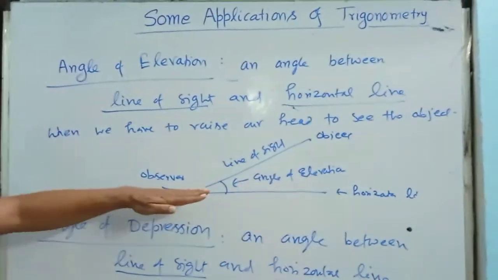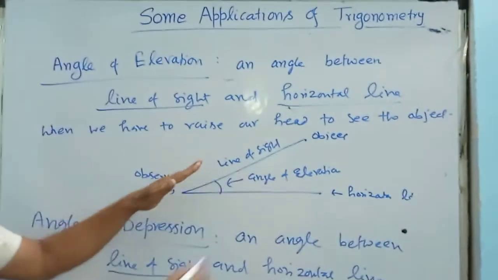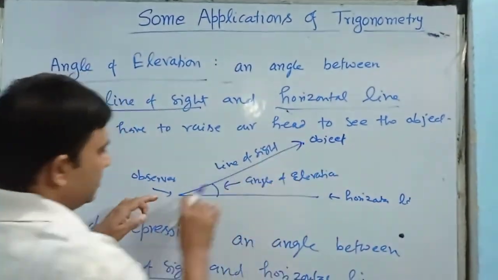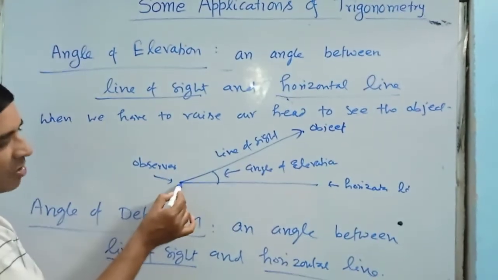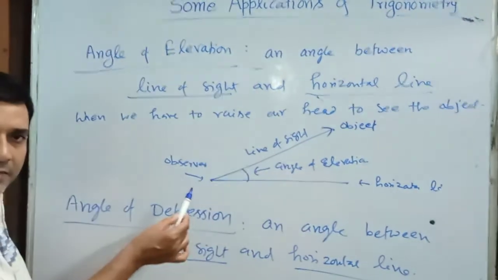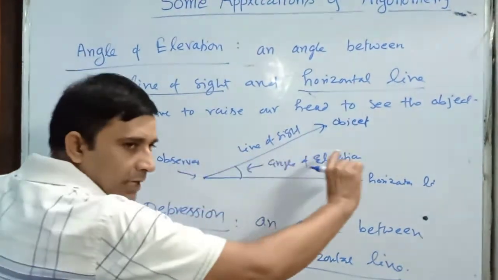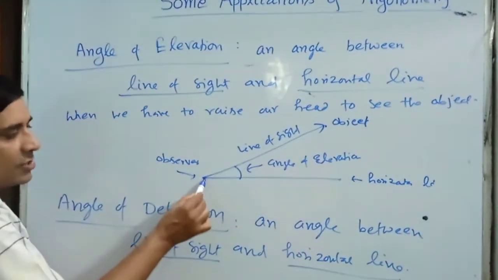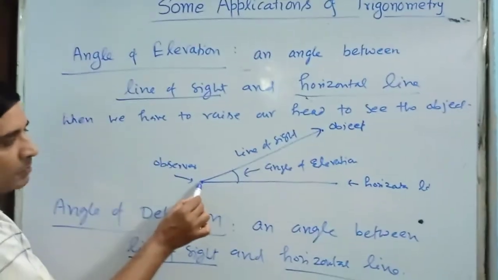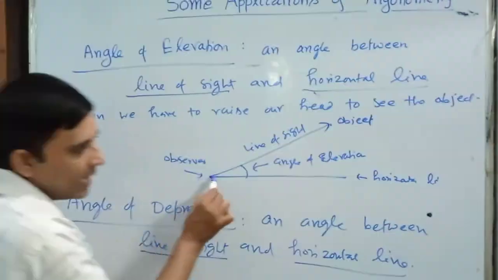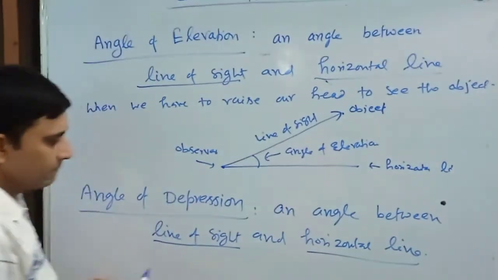In this case, we have to raise our head to see the object. See here, it is line of sight, it is horizontal line. Horizontal line is always drawn from the height of the observer if it is given. And if the height is not given, then you can understand that observer is at this point and you can draw a horizontal line from here, right?